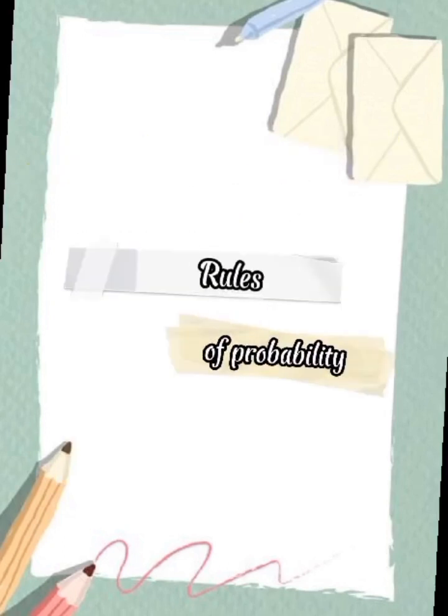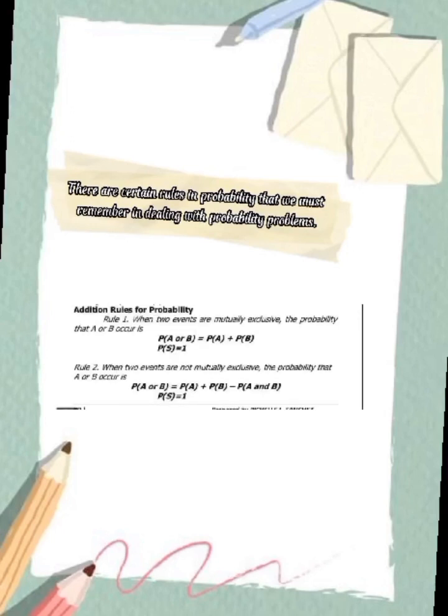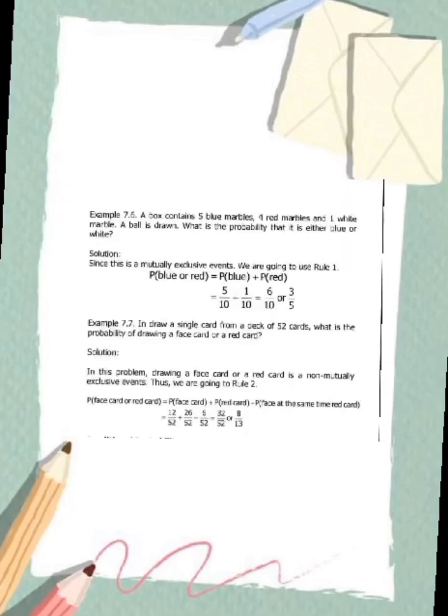We have the rules of probability. There are certain rules in probability that we must remember in dealing with probability problems. As you can see on the screen, these are the following two rules. We provided two examples where we can apply those two rules.